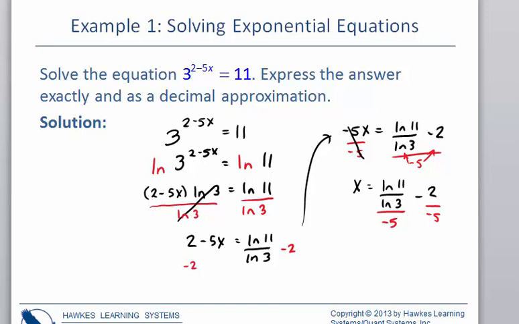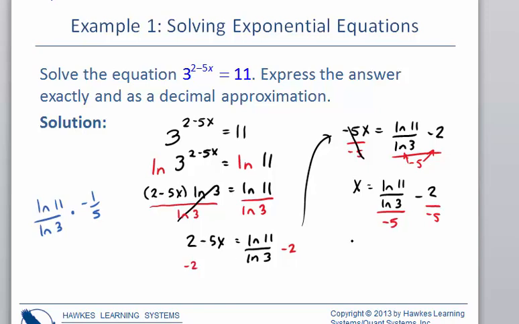When I look at this one on the left, the first one, we know that we really can't divide, but instead we multiply by the reciprocal. So I'm going to come off to the side and show you, to make sure you understand how this is working. We have this natural log of 11 over the natural log of 3, and we're dividing by negative 5, which is really the same thing as multiplying by negative 1 over 5.